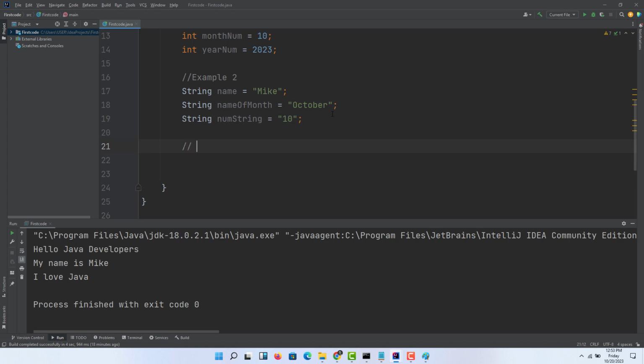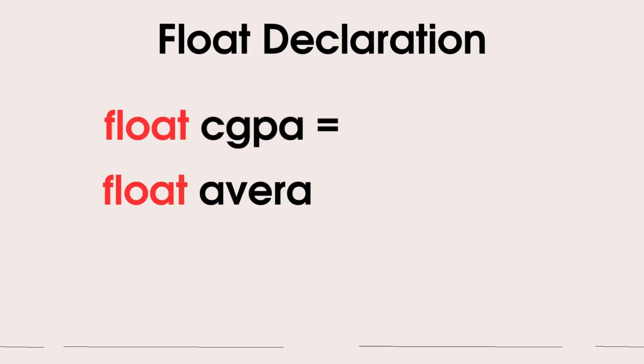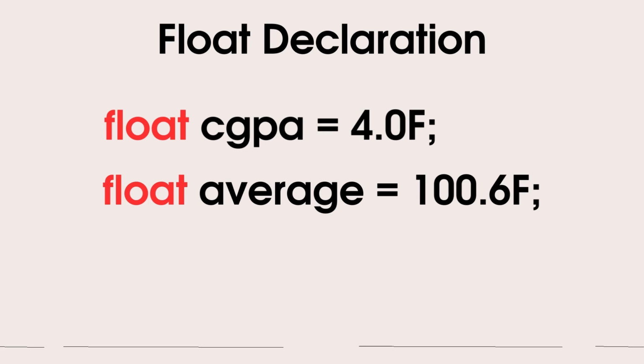All right, so that's for string. And the next one, example 3, we're going to be looking at the float. Now this is for decimal numbers. So we'll say float, let's say CGPA. I love that so much, and because your CGPA is also in decimal, either you have 4.0 or you have 3.5, you have something.